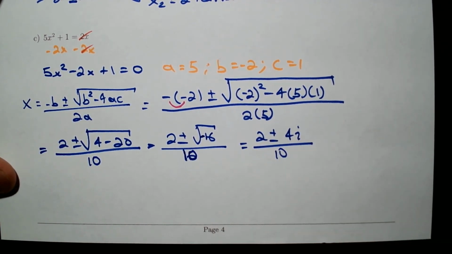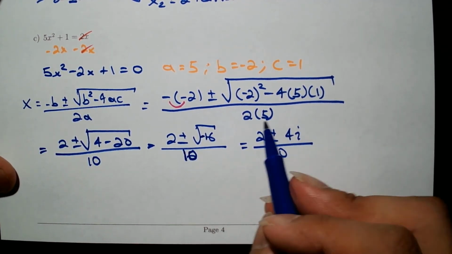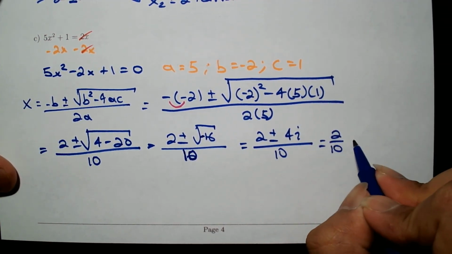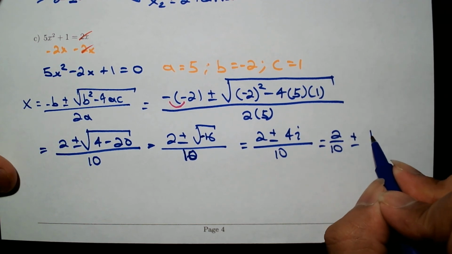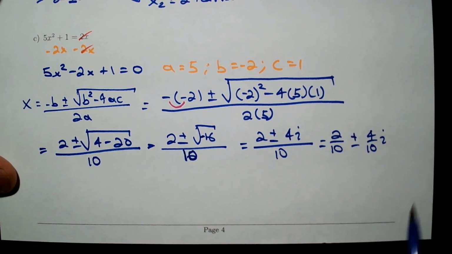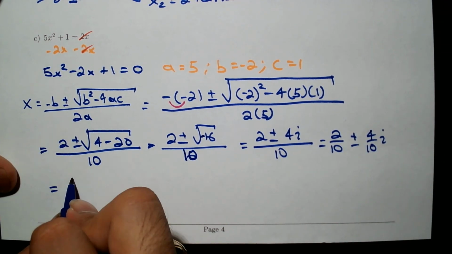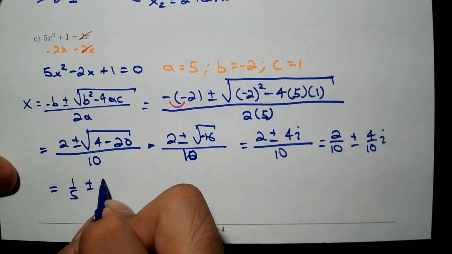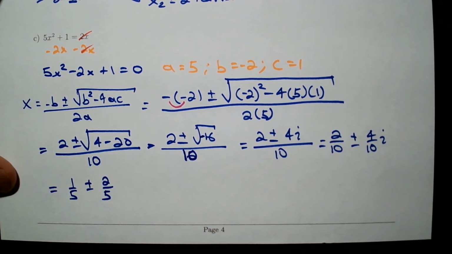And then 10 in the denominator. So now let's split these two. 2 over 10 plus or minus 4 over 10 i. So 2 over 10 is the same as 1/5 plus or minus 4 over 10, that's 2/5 i.